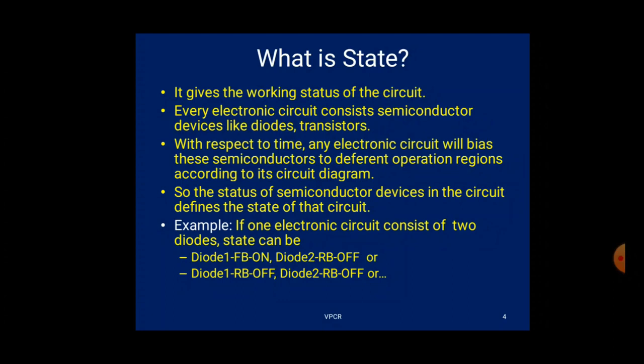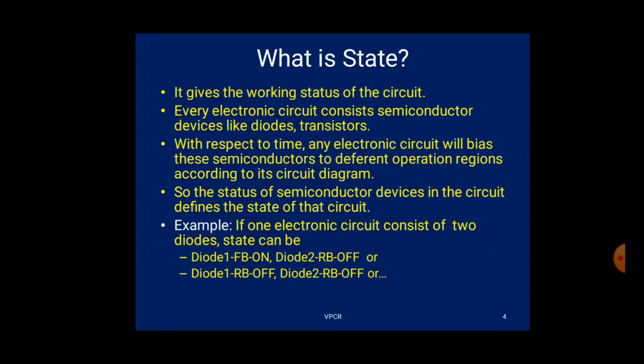Likewise you will have four conditions. These four working statuses of the diodes give the state. So at any instant, if I ask what the state of that circuit is, you can say diode 1 is on and diode 2 is off. Because of those conditions the output will be something, and based on that output you can name the state also.